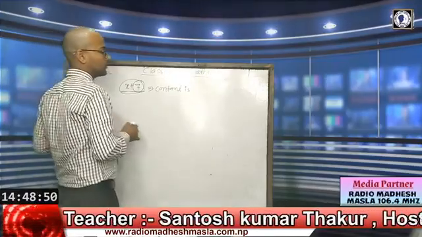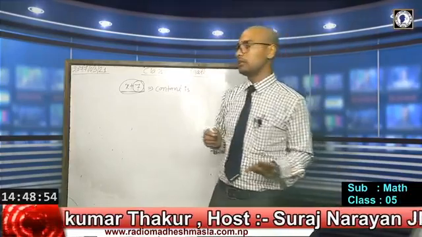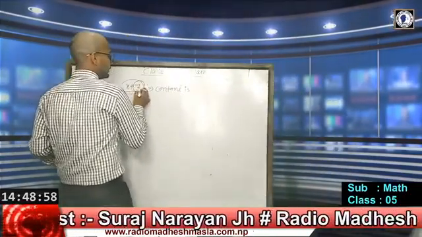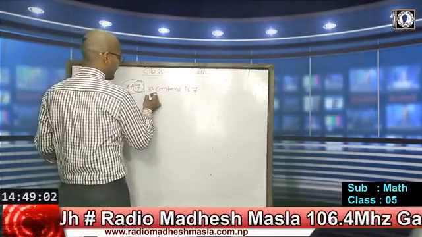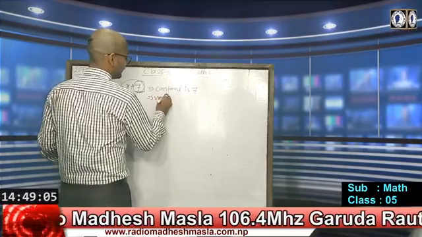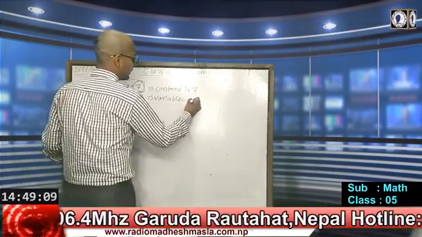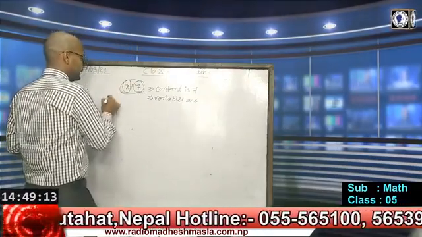According to the definition, the fixed number is the constant, so we write 7 as the constant. In the same way, the variable is x.